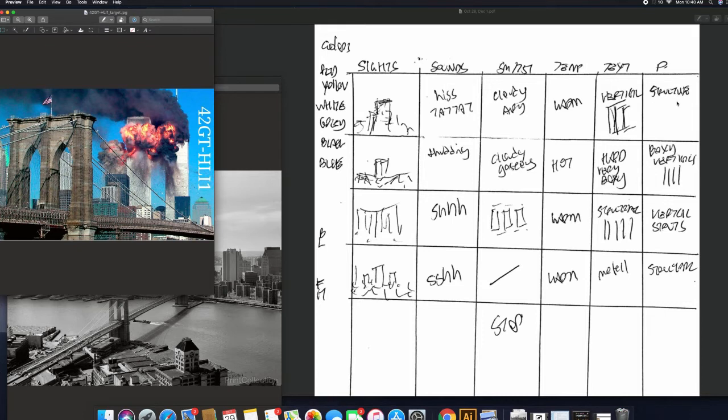So I just wrote structure, some kind of structure here. Again, another structure, a thudding sound, smells and tastes of cloudy, gaseous, hot temperatures, a very hard boxy structure, more of these verticals I was seeing. Again, more verticals, sounds of hissing, vertical struts. I got the sense of vertical struts. More vertical protruding metallic structure.